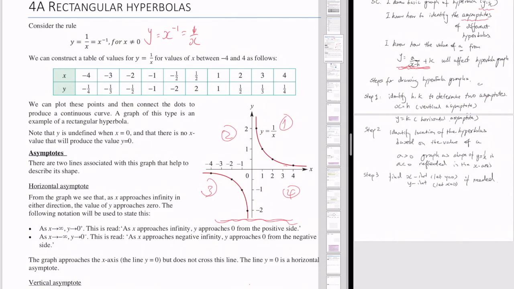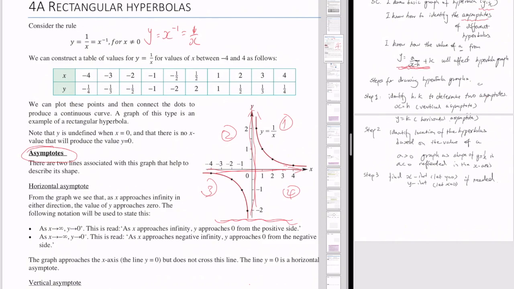You will see these two different curves are approaching the x-axis and y-axis, and these two lines that the graphs are trying to approach are called asymptotes. The asymptotes over here are the two lines associated with the graph that help to describe the shape.